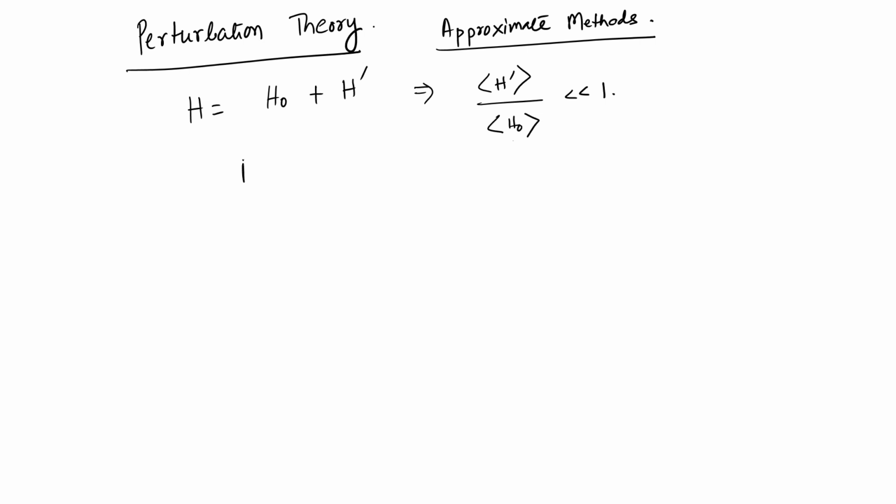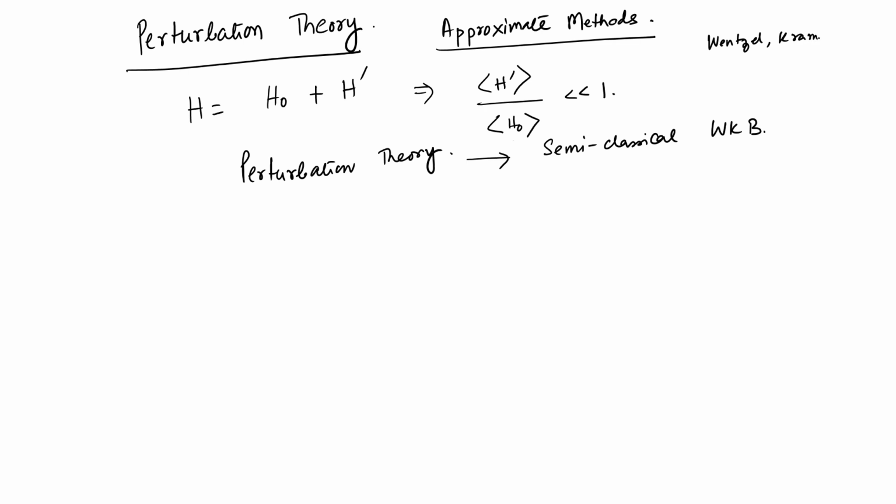Okay, so we use perturbation theory, and one can actually build up a flow chart. This is perturbation theory, and this has a semi-classical approach called the WKB approximation, where WKB stands for Wentzel, Kramers and Brillouin.